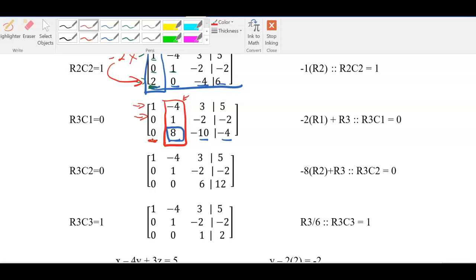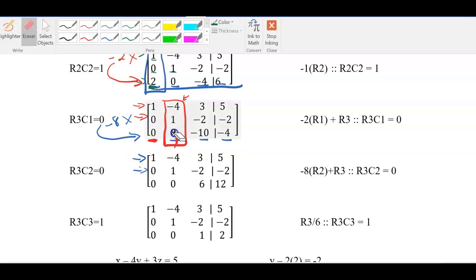So since I don't want to change this guy, I'm only allowed to use this one to get rid of him. So to do that, I'm going to have to multiply by a negative 8 and then add it to the third row. So row 1 stays, row 2 stays, nothing changes.